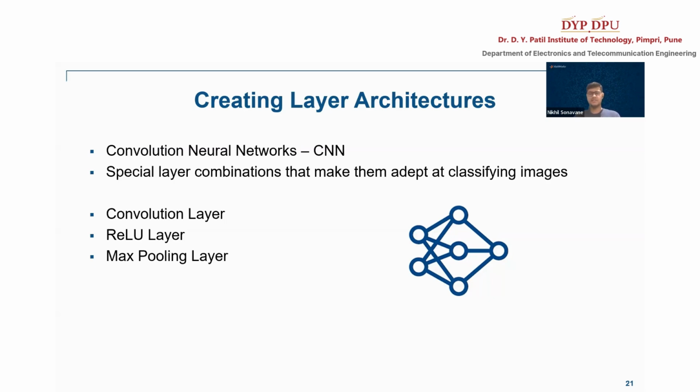These architectures majorly have a convolutional layer, a ReLU layer, and a max pooling layer, and these layers keep coming up again and again throughout the network. We'll look into what these layers do, but for now just understand that these are the layers used in CNNs. You may not understand each layer at this point. I'll go through each of them, but if you look at a CNN architecture, these layers might be there, coming again and again.